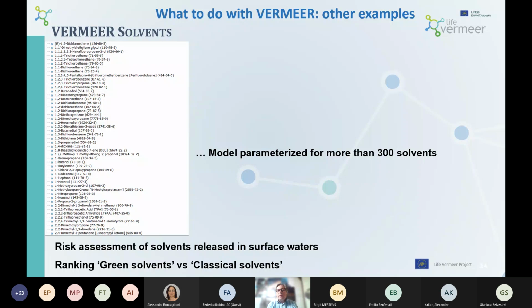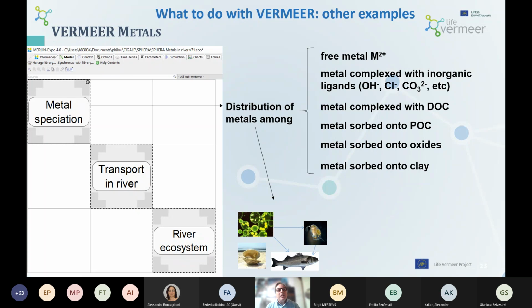In this case, we have added a specific model dedicated to metal speciation in water, which calculates the distribution of metals among free metal, complex with inorganic ligands, complex with dissolved organic carbon and particulate organic carbon, and with different particulate matter like oxides and clay.